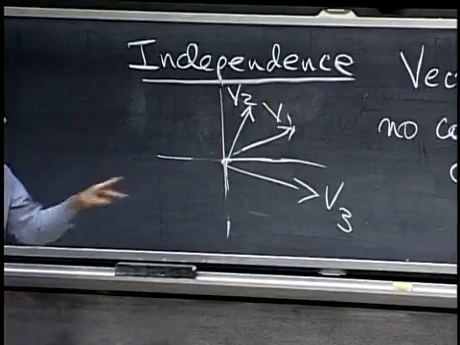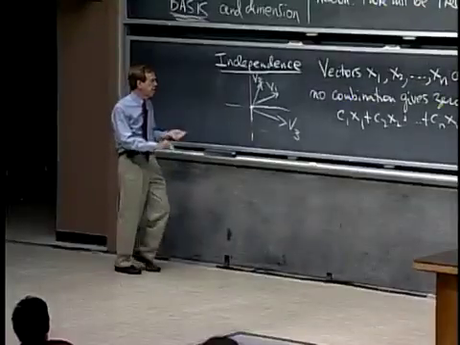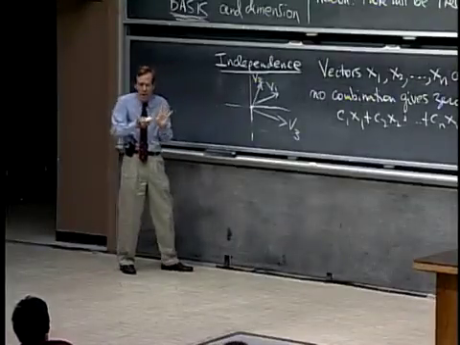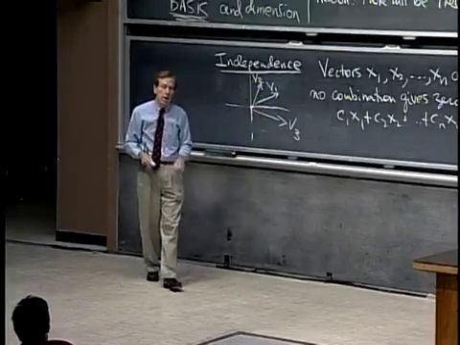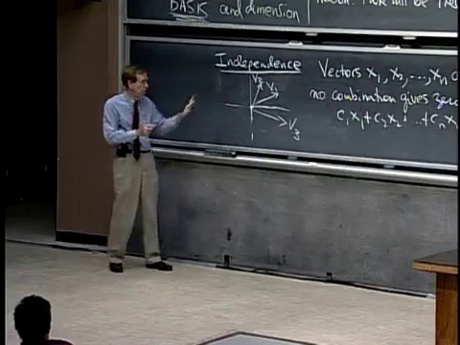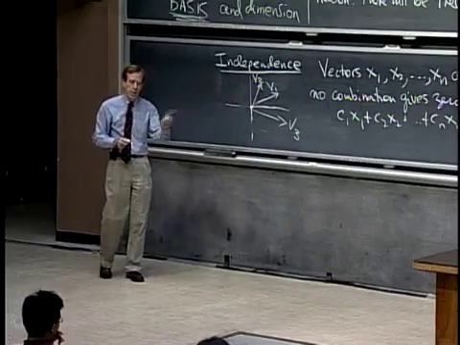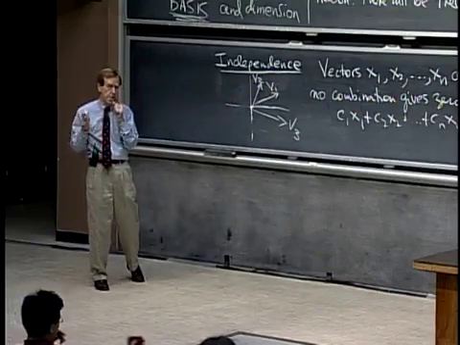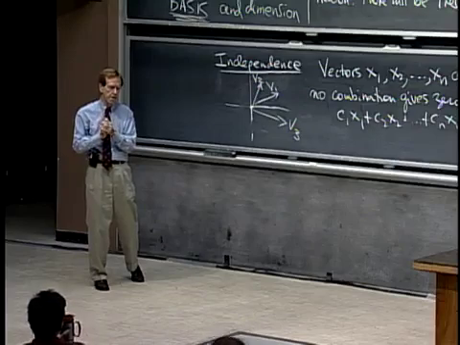So now n is 3 here. I'm in two-dimensional space, I'm in the plane. I have three vectors that I didn't draw so carefully. I didn't even tell you what exactly they were. But what's the answer on dependent or independent? Dependent. Why? How do I know those are dependent?